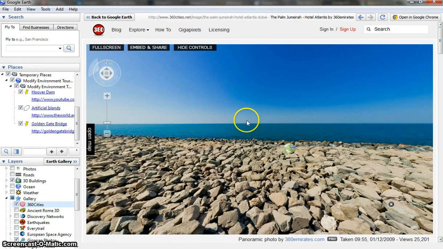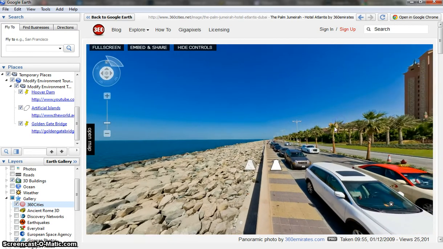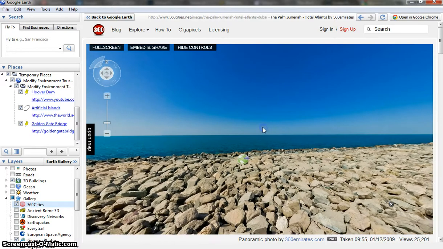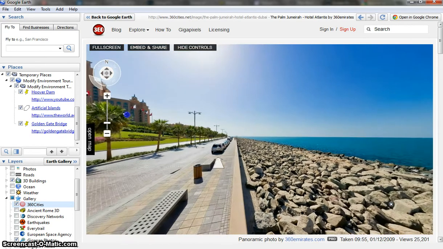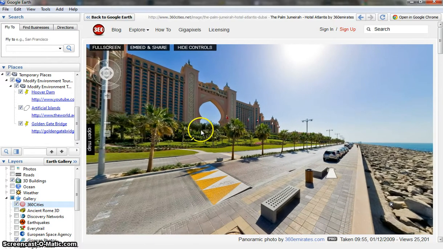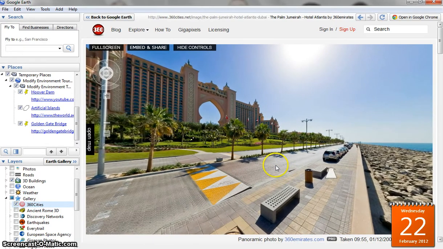People come here on vacations, they come to see the islands, and it's really pretty. I mean, the water's really pretty. This beach isn't a very good example, but there are other beaches that are extremely sandy and pretty for people to just spend time at the beach and go swimming and such. And so that's what these islands were created for. They're made for tourist type activities and just that kind of thing.